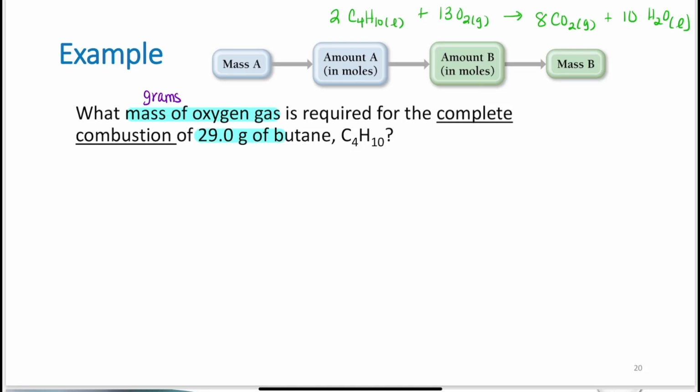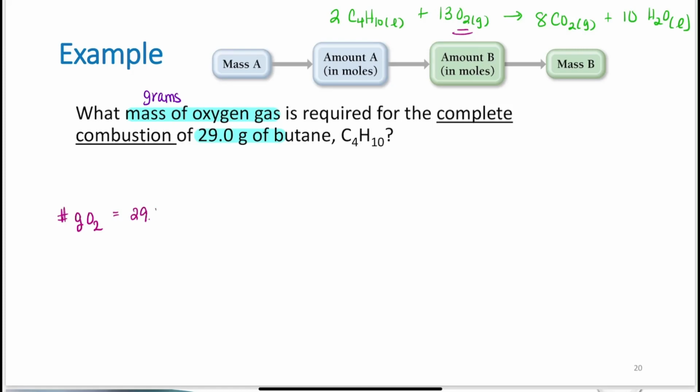So now let's go ahead and write down what we want to know. We want to know the number of grams of oxygen gas required, that we're going to consume. We see it here in our reaction, but we should also know that oxygen is a diatomic, so it will be O2. So number of grams of O2 that we're going to require to completely react 29 grams of butane.